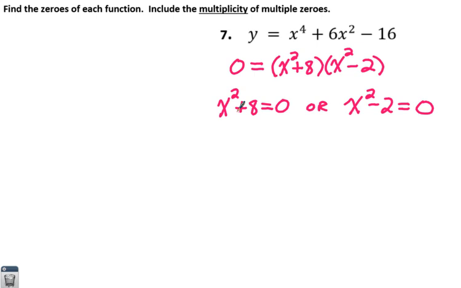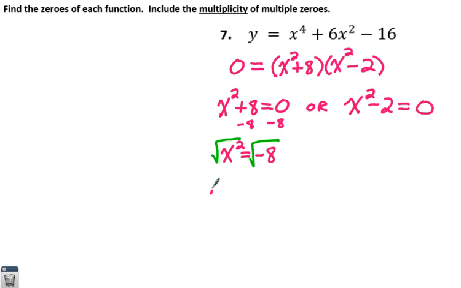I suppose we could use the quadratic formula. Technically you could use the quadratic formula, but what if we just got x squared by itself and looked to take the square root of both sides?